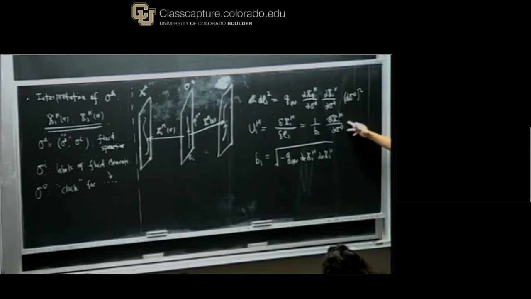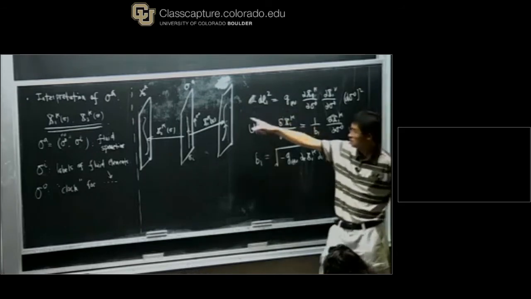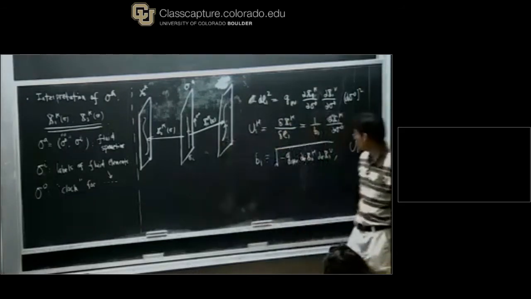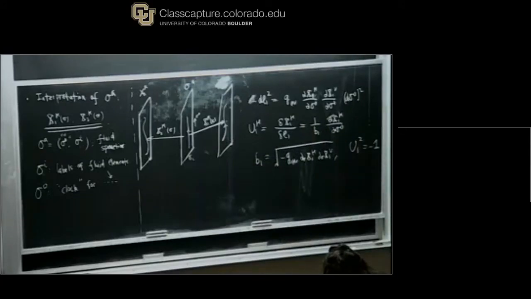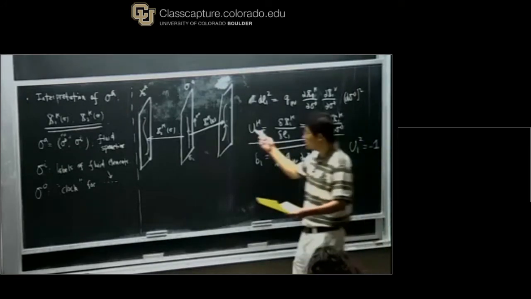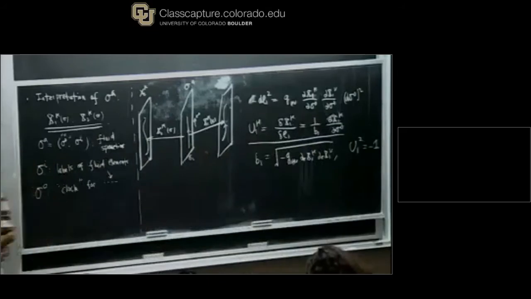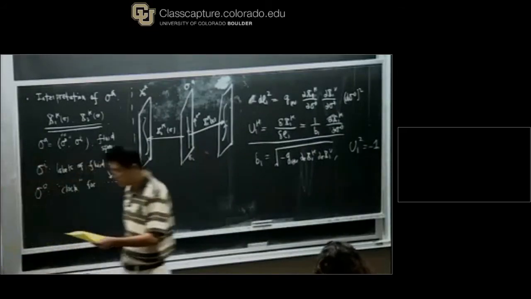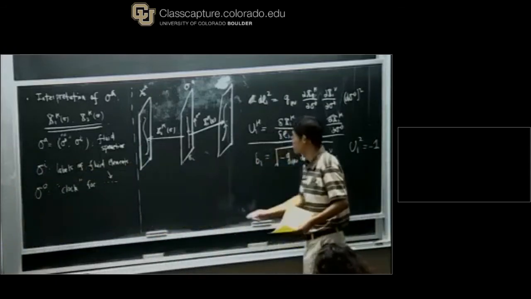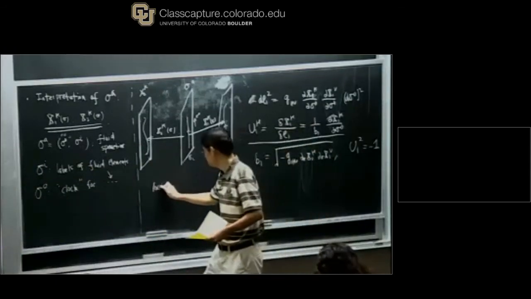By definition this u1 is properly normalized, so u1 squared is equal to minus 1, with mu in the physical space-time coordinates. So this would be the correspondence of the velocity field. Similarly, you can do u2 mu for the velocity associated with the second copy. And also there are now two copies of the local chemical potential.